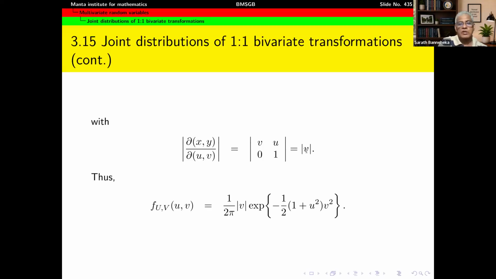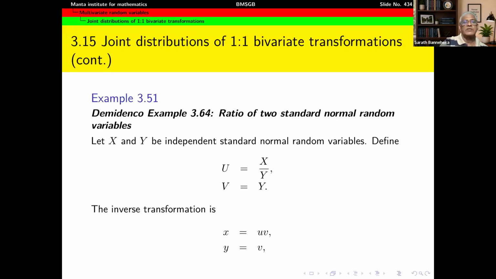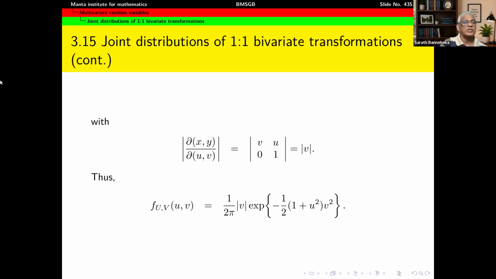So when you substitute the terms, first of all, you have to get the joint density of x and y.